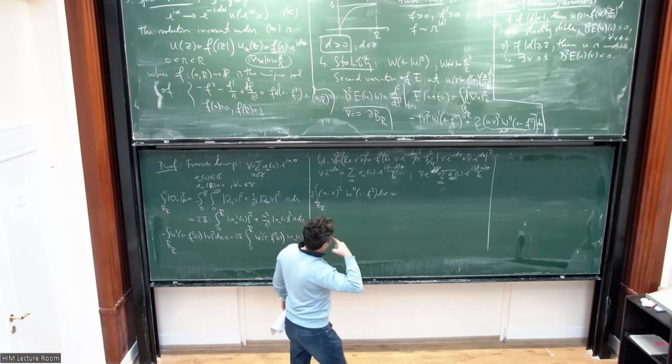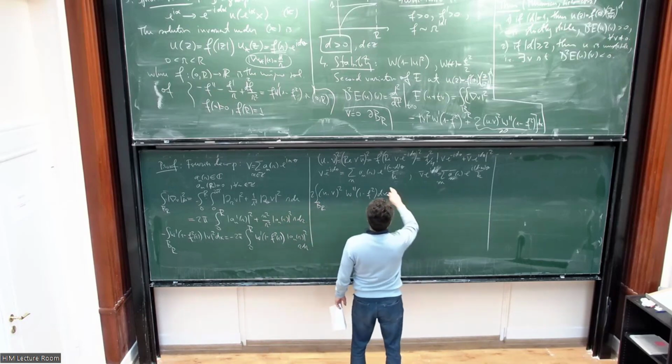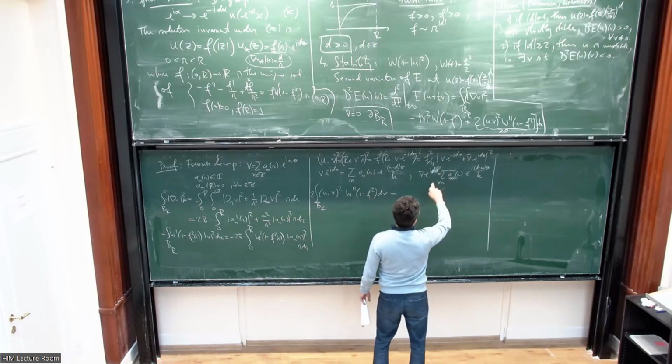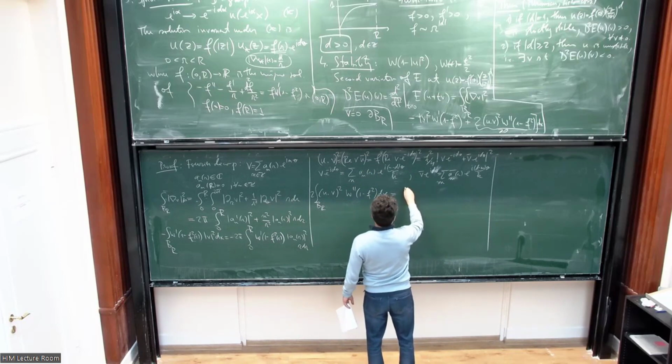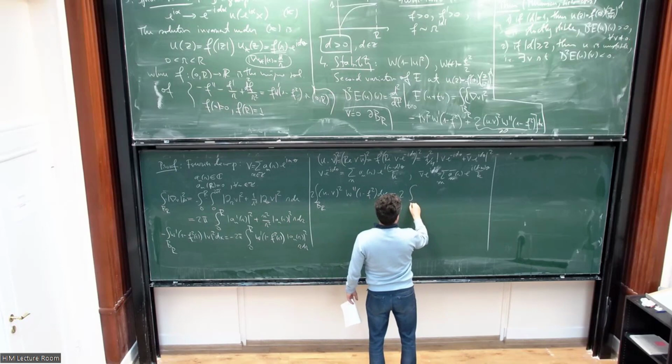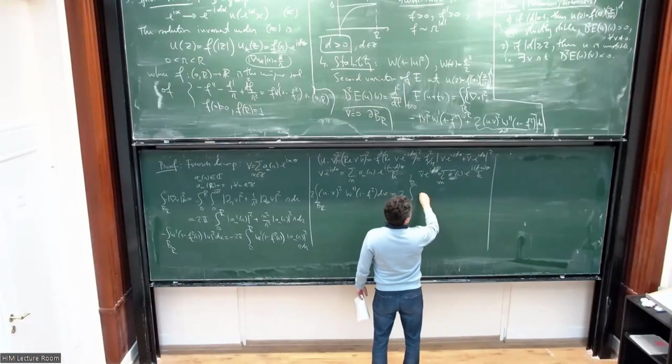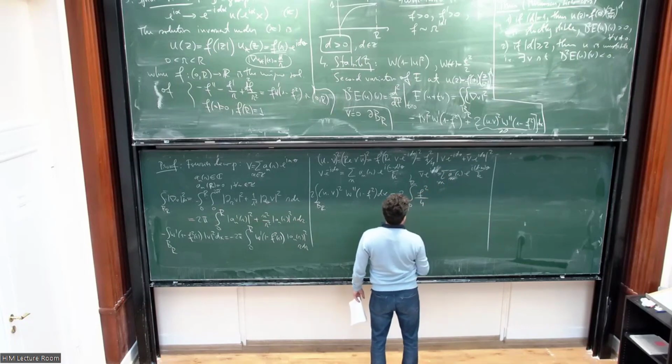So here you will have only sums. Let me put 0 to R. And okay, I go directly. So I have f over 4.